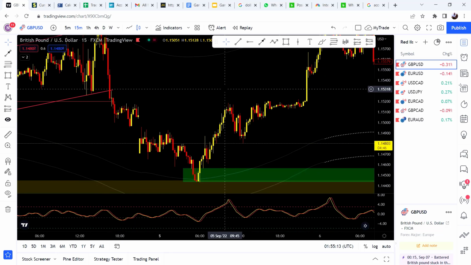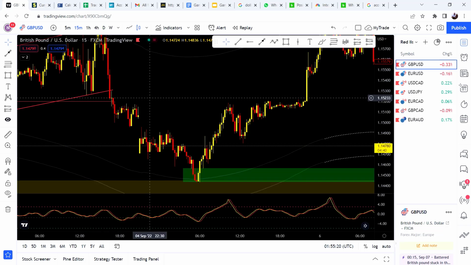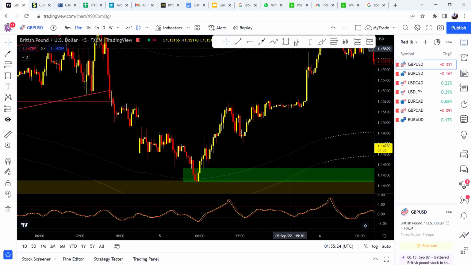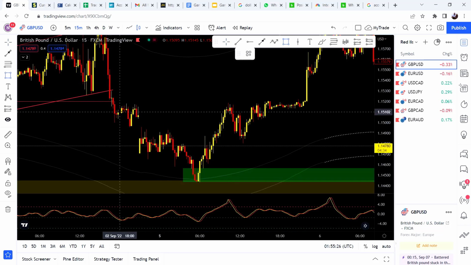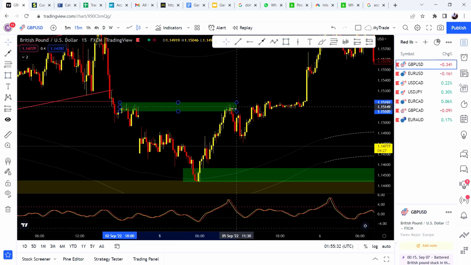When you look at this, I knew there was a gap here by this broker FXCM. So price will come and fill this gap. Well, I had this zone marked for some kind of bearish move.